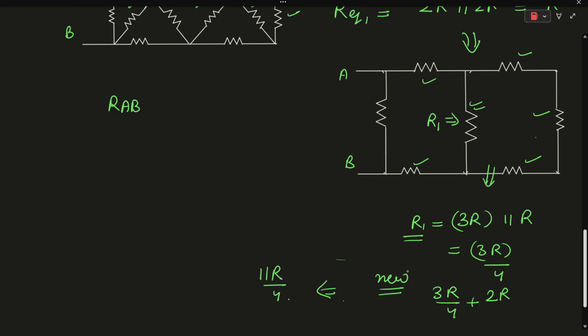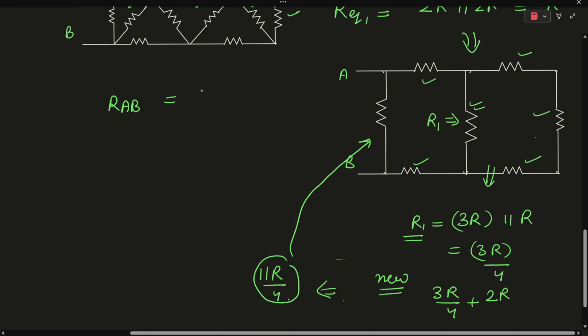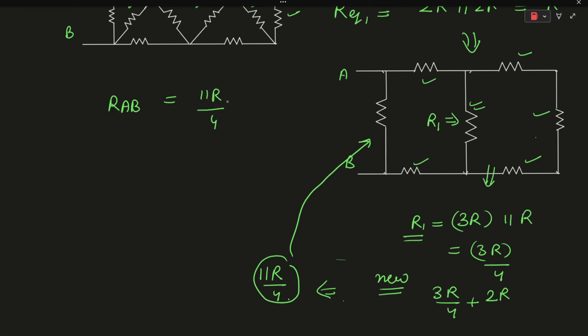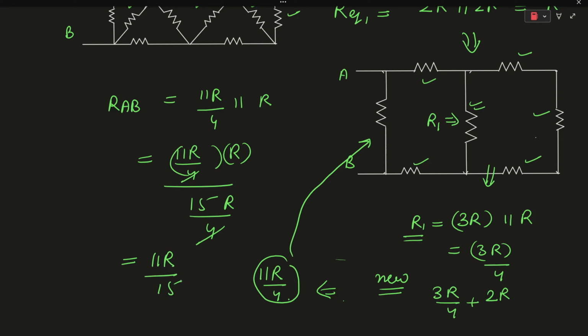This 11R by 4 is connected in parallel with this particular resistor R. So RAB will be 11R upon 4 in parallel with R, which is 11R by 4 into R over 15R by 4, and that comes out to be 11R by 15. So the value of the equivalent resistance RAB will be equal to 11R by 15.